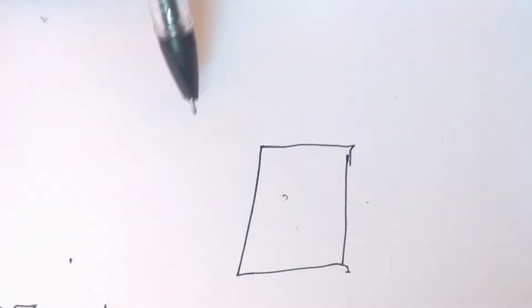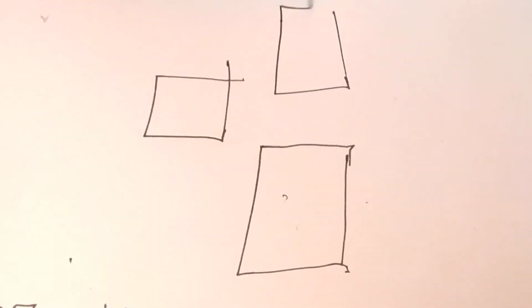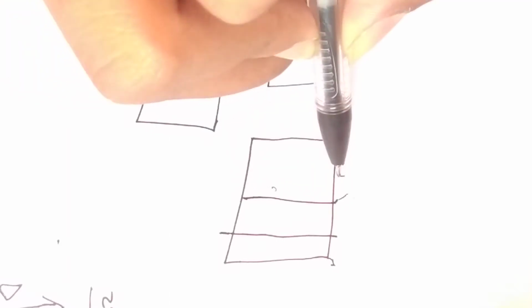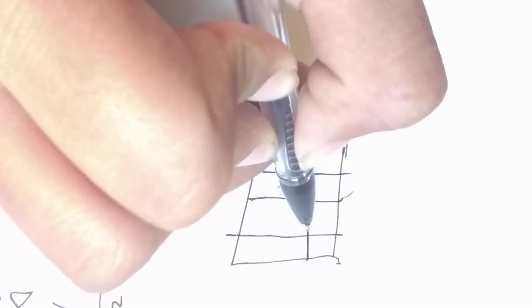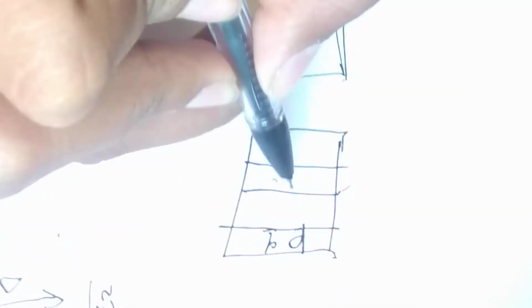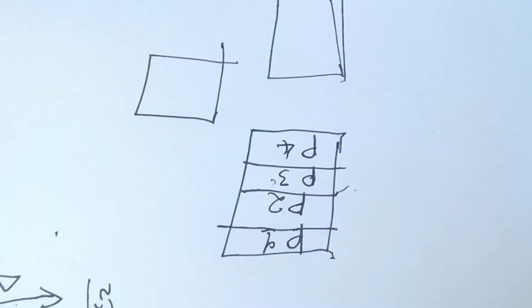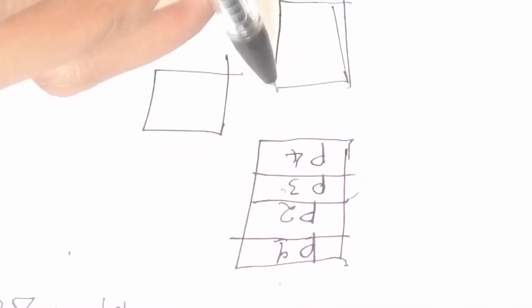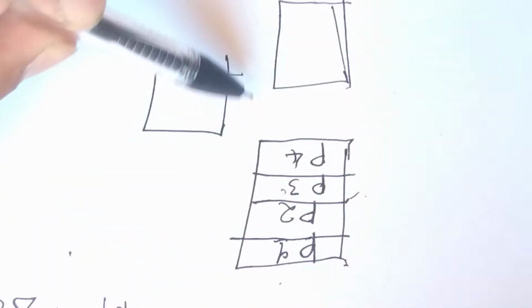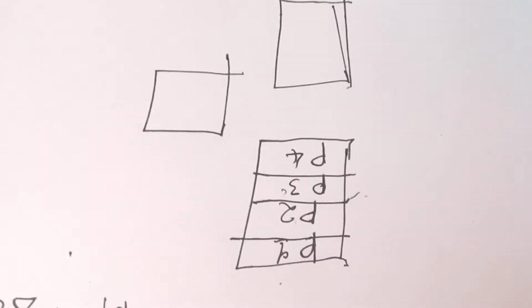We need interrupts for doing a special task. Let's imagine this is a table, another table, and another table. If you make some blocks over here and name them program P1, P2, P3, and P4, these are the signals received by the receiver from the transmitter.